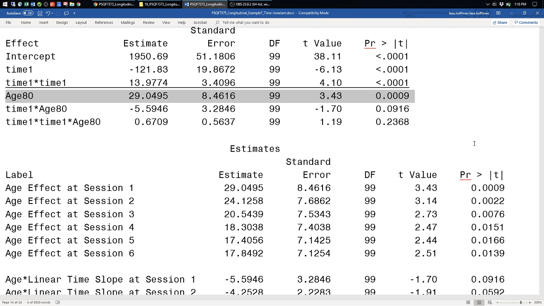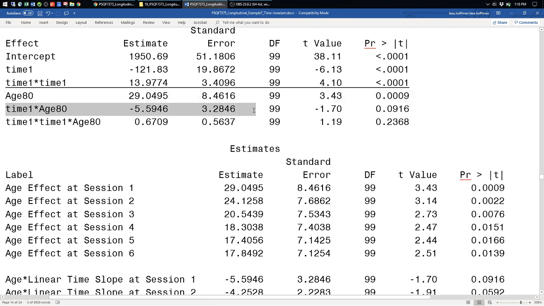So this is the main effect of age at session 1. Also at session 1, what does this time by age interaction say happens to it? So we're doing these two together.